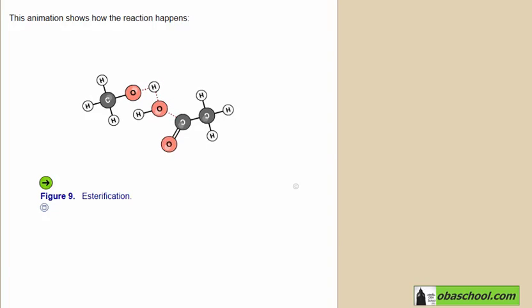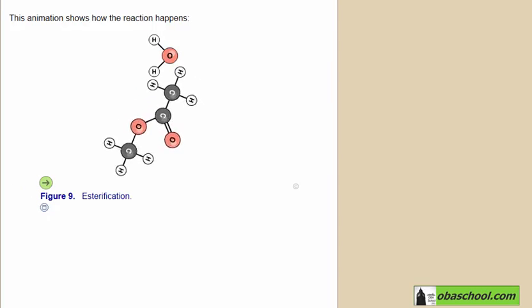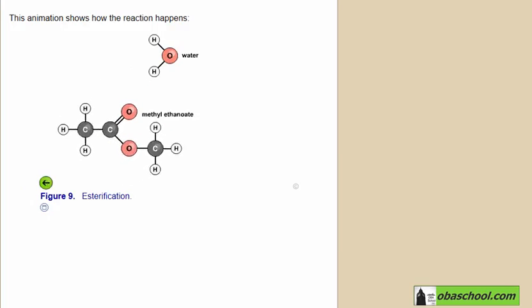A molecule of H2O will be produced, and then the oxygen atom of the alcohol will be bonded to the carbon atom which holds the functional group in the carboxylic acid, and then an ester will form.